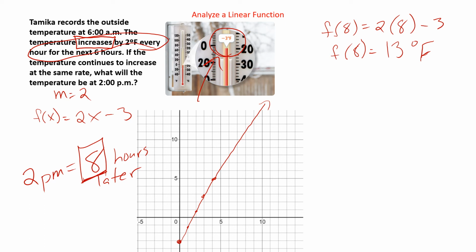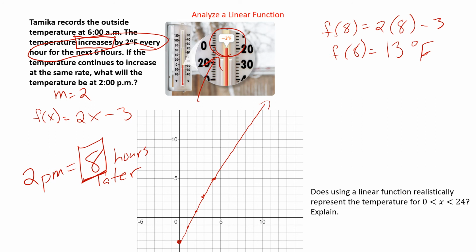Now, a question though comes up. Does using a linear function realistically represent the temperature for 0 to 24? So that would be for a full day. Does this linear model, this linear function, represent the temperature?